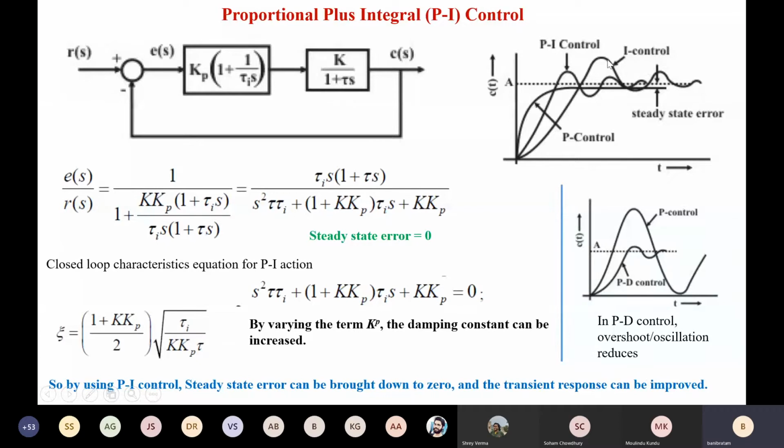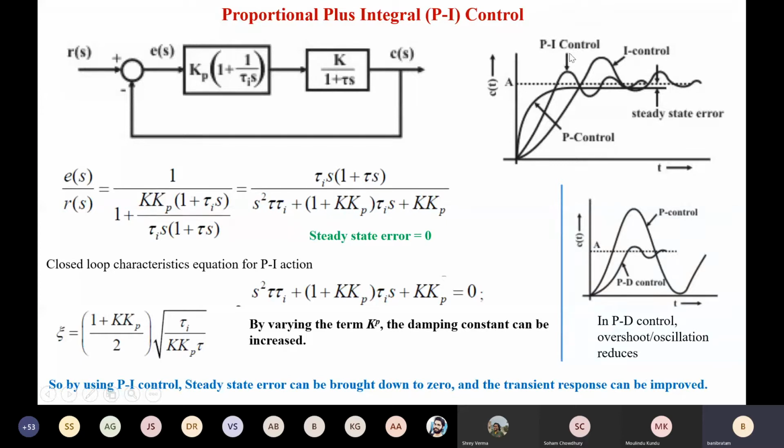But if you add P plus I, then in PI control you can see the output goes above this value A, which is called the overshoot, right? This is my required desired value, and with respect to this value, the output is going above the desired value. This particular value is called the overshoot.